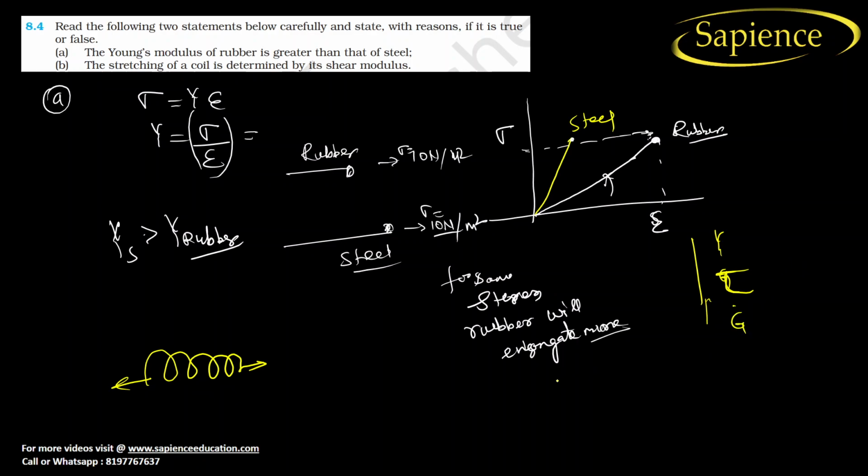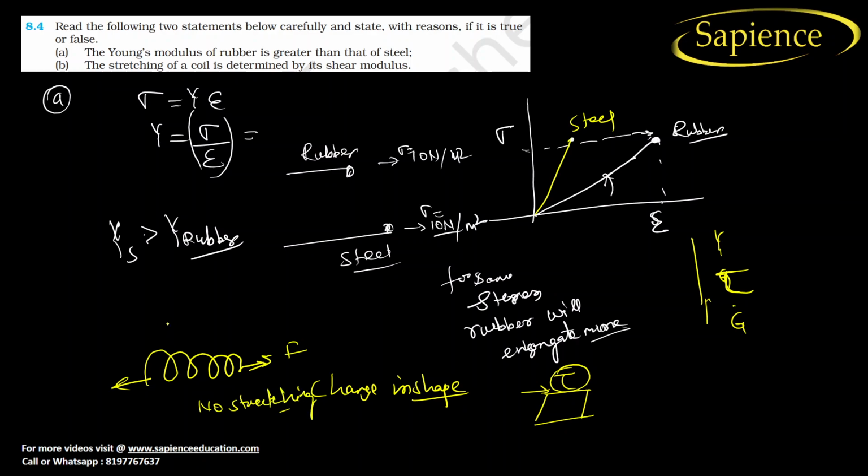Now shear happens whenever there is a change in shape. So if a change in shape happens, then what will happen? We have to apply a shear force. So here when you apply a force, there is no stretching, right? But there is a change in the shape.